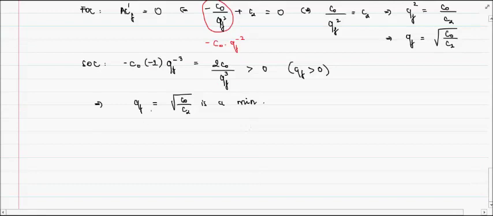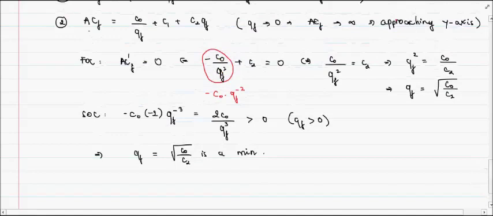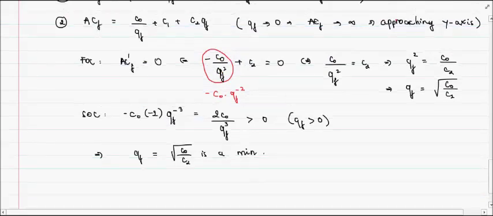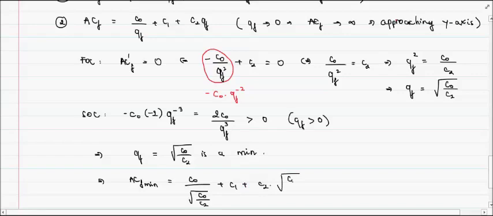Okay, so if I substitute the value of QF back into my average cost function ACF over here, I will be able to find the minimum value of the average cost. The average cost F minimum is going to be equal to C0 divided by QF, which is square root of C0 on C2, plus C1 plus C2 times square root of C0 on C2.